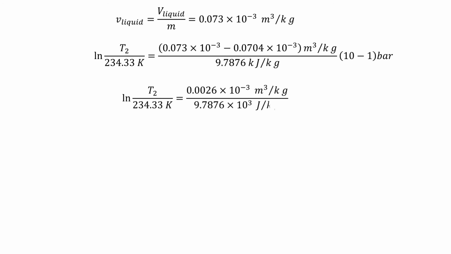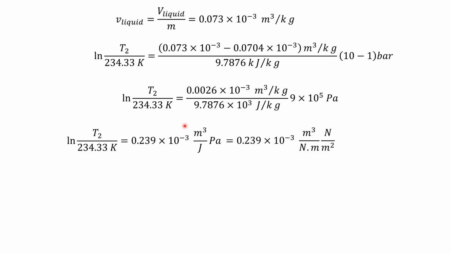Further solving we will get this equation. Now we can solve this equation further, and we will be left with this unit. Here this kg will get cancelled, and we will be left with meter cube per joule pascal.